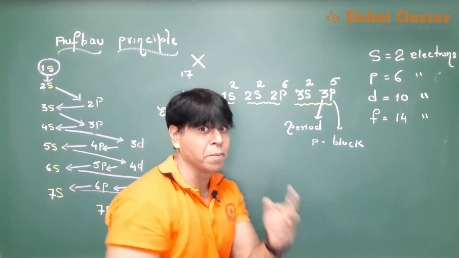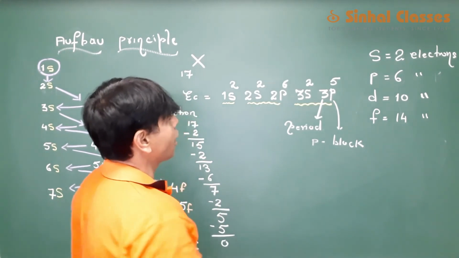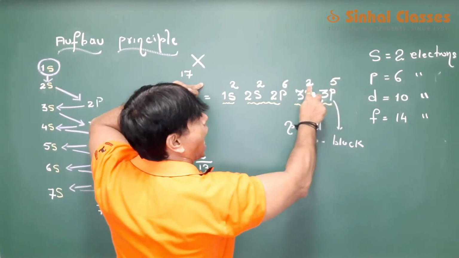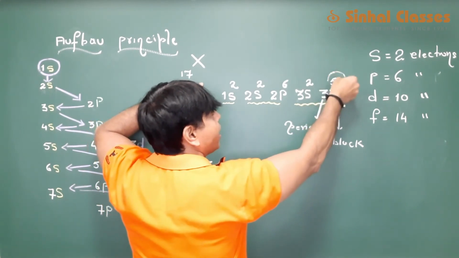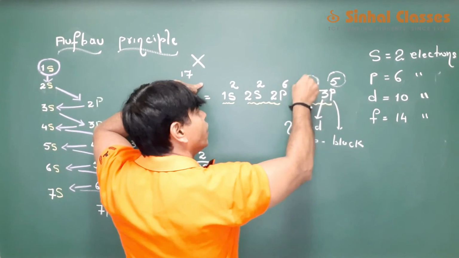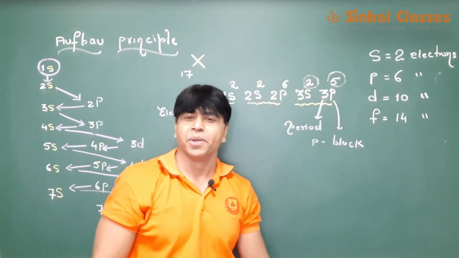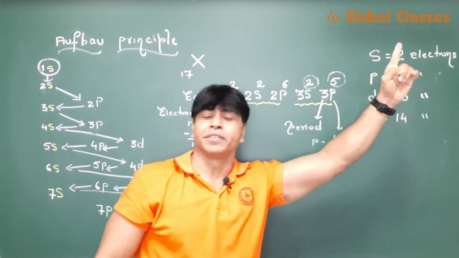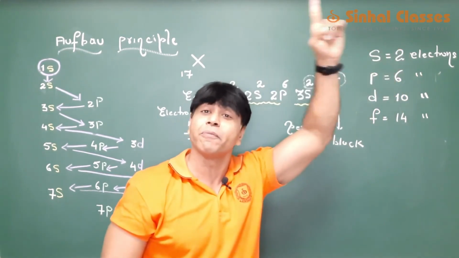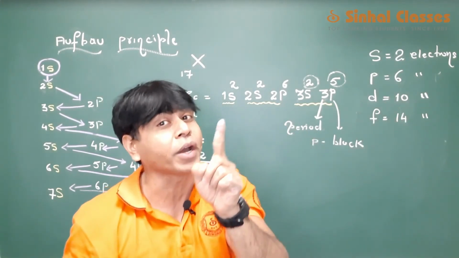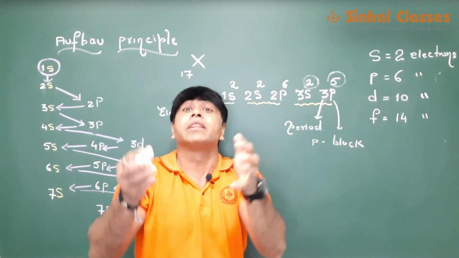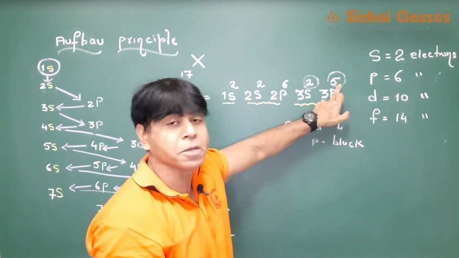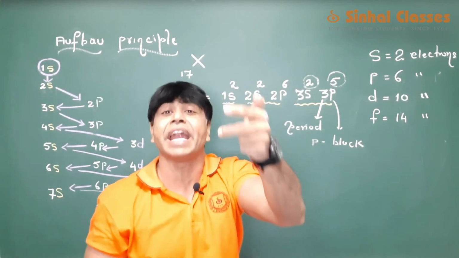Now the group, very important is the group. Since it is the third orbit here, you need to add the electrons. So 5 plus 2 gives you 7. So it is in the 7th group of Mendeleev. But if you talk in terms of Moseley's modern periodic table, then whenever the last electron comes in P, you need to add 10 to it.